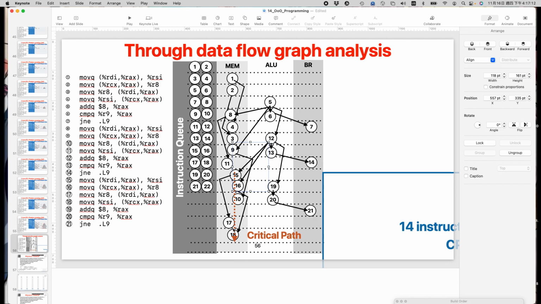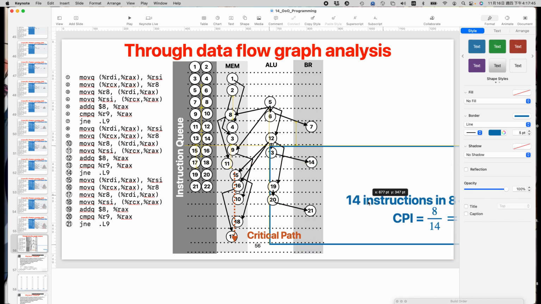No, 17 is depending on 16. 17 is depending on 16. And 18 is depending on, no, sorry. 17 is depending on 16, so it's right here. 18 is depending on 15. And 19 here, 20 here, 21 here. So that should be the correct one, right?